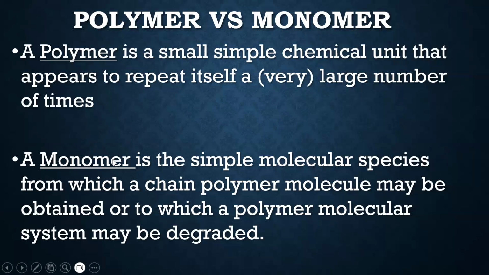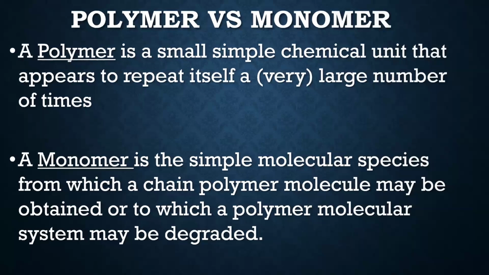So when the monomers are gathered together, they form a polymer, and when the polymer is degraded, it returns back to its monomer. So the simple unit is monomer, and the big unit is polymer. This polymer is the same monomer repeating itself many, many times.